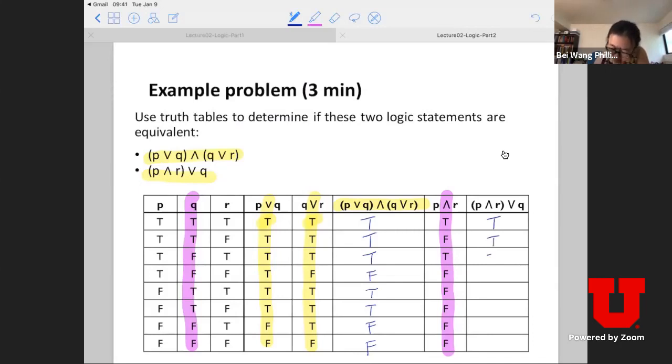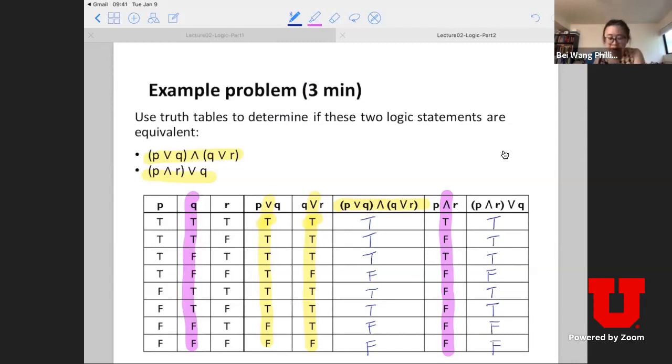Third one, false or true is true. Remember, right now we're paying attention to only the pink columns. The fourth row, false or false is false. The fifth one, true. Next one, true. Next one, false or false is false. And the last one is also false.